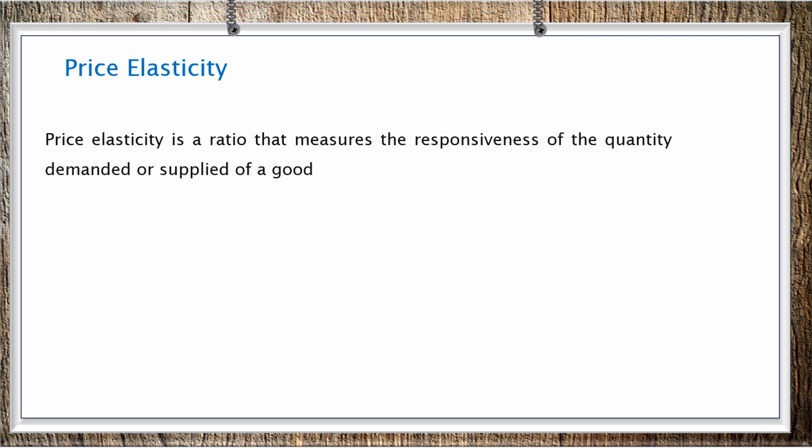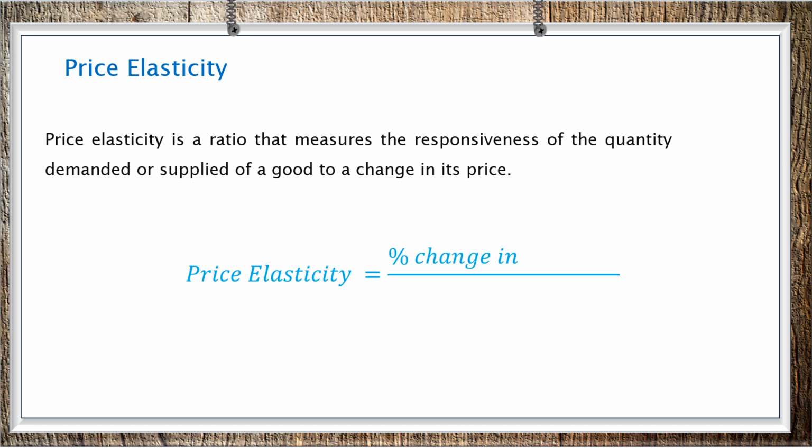What is price elasticity? Price elasticity measures the responsiveness of the quantity demanded or supplied of a commodity to a change in its price. This is normally computed as a percentage change in quantity demanded or supplied divided by the percentage change in price.